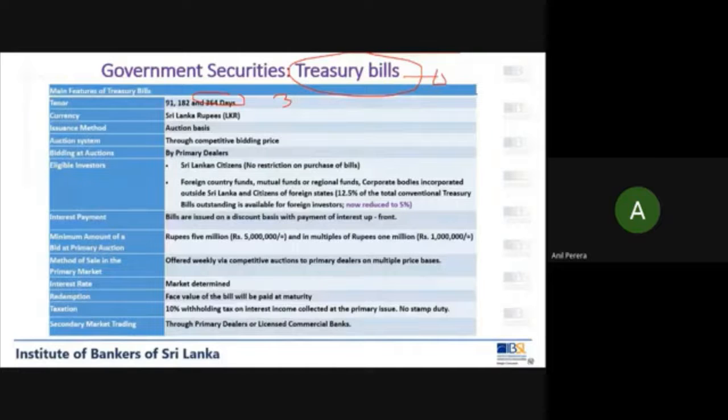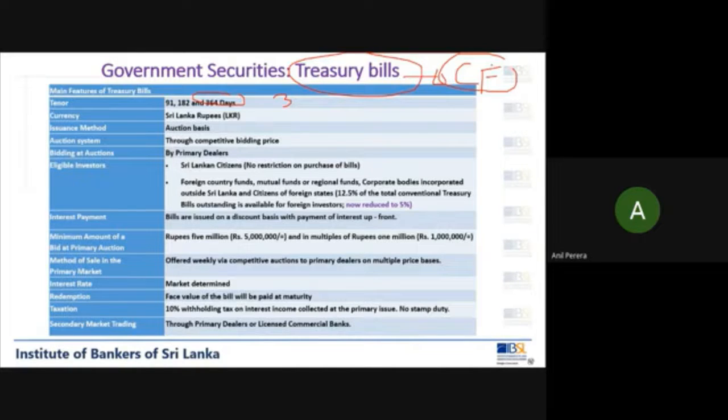Why do you have to have money market instruments? For cash flow needs. Cash flow means you have to have money, liquidity every time. Because of this cash flow management, to fulfill shortages in the daily cash management, the government issues treasury bills.